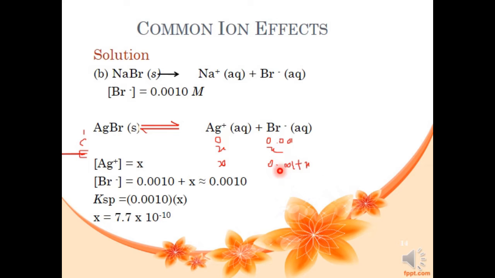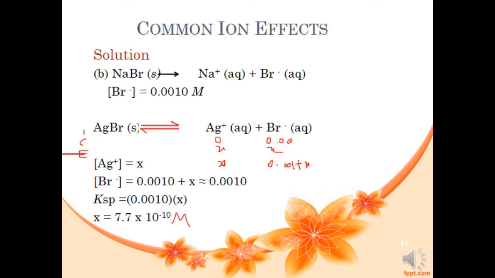Otherwise, if we include this in the expression, you have to solve using the quadratic formula. So substitute this in the expression of KSP, and we can solve x, which is 7.7 times 10 negative 10 molar.